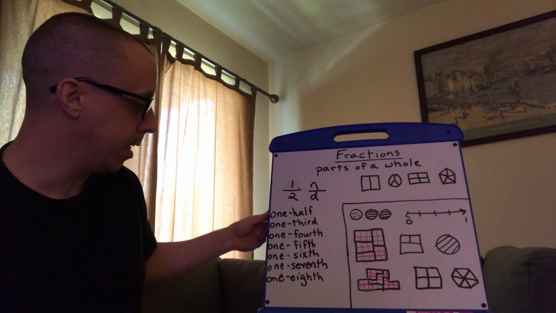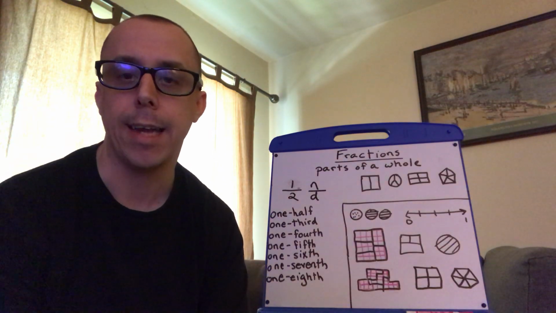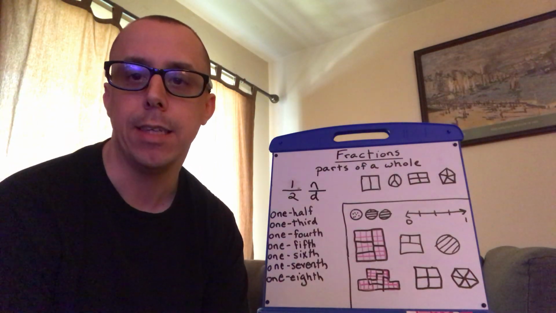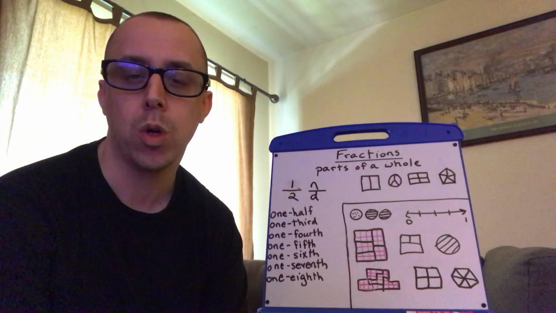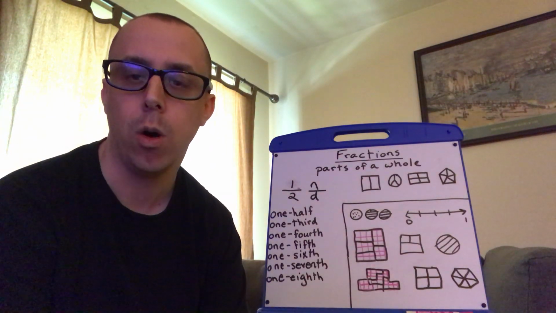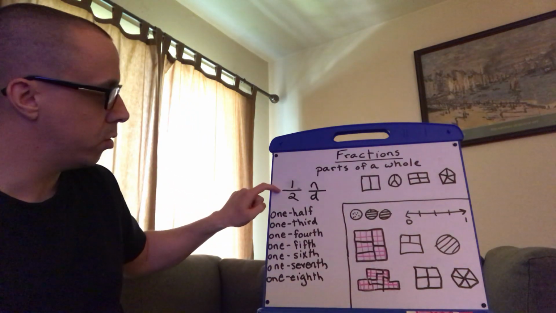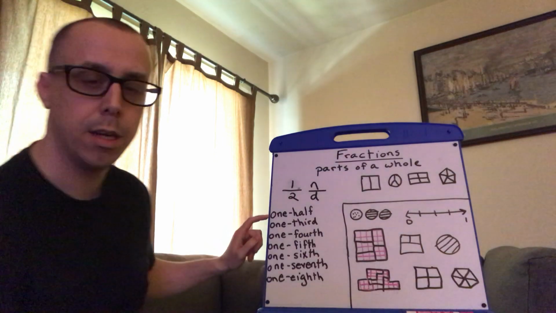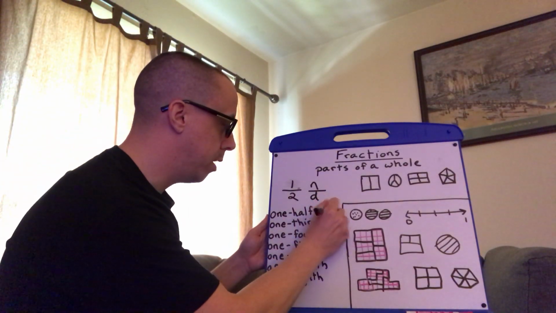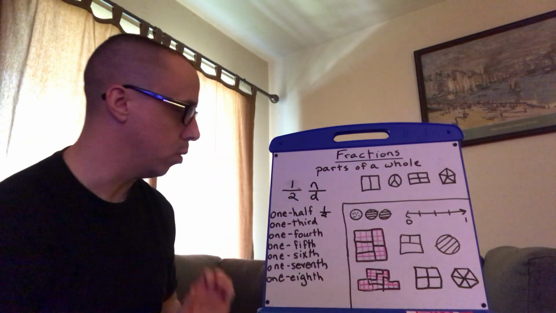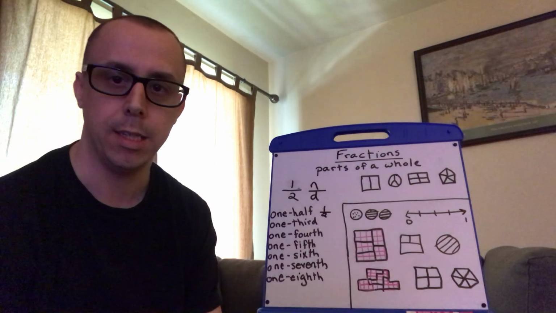Okay, now I've written here some of the unit fractions that we will be learning. Now, a unit fraction is a fraction that always has a 1 on top. So when we're talking about one part of a whole, it is representing the unit fraction. So we've already discussed 1/2. So here is written the fraction 1/2, and again, that's a 1 on top and a 2 on the bottom. 1/2, 1 for the numerator, 2 for the denominator.